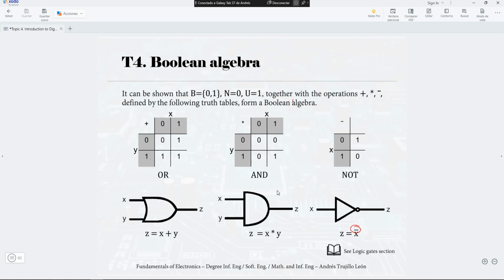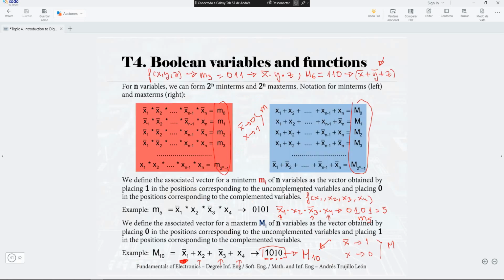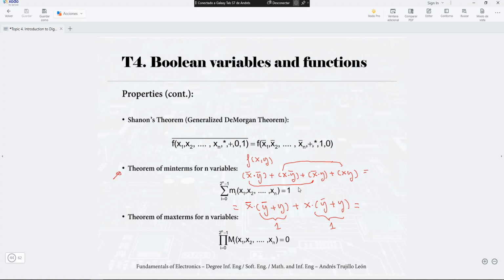So if we continue, we know that this is 1. So we have this. That is this. And applying the same action, the complementation theorem, this is 1. So the sum of all the min terms of a function is going to be 1.